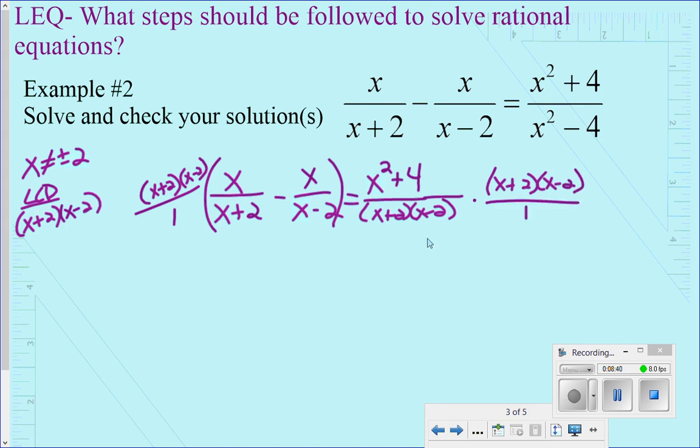So on the right, I'm going to go ahead and cross off common factors on the diagonal that are being multiplied, and I can see that I'm left with x squared plus 4. But on the left, I'm going to write out each of these fractions separately times the least common denominator. Again, I'm allowed to do that because I'm just distributing.